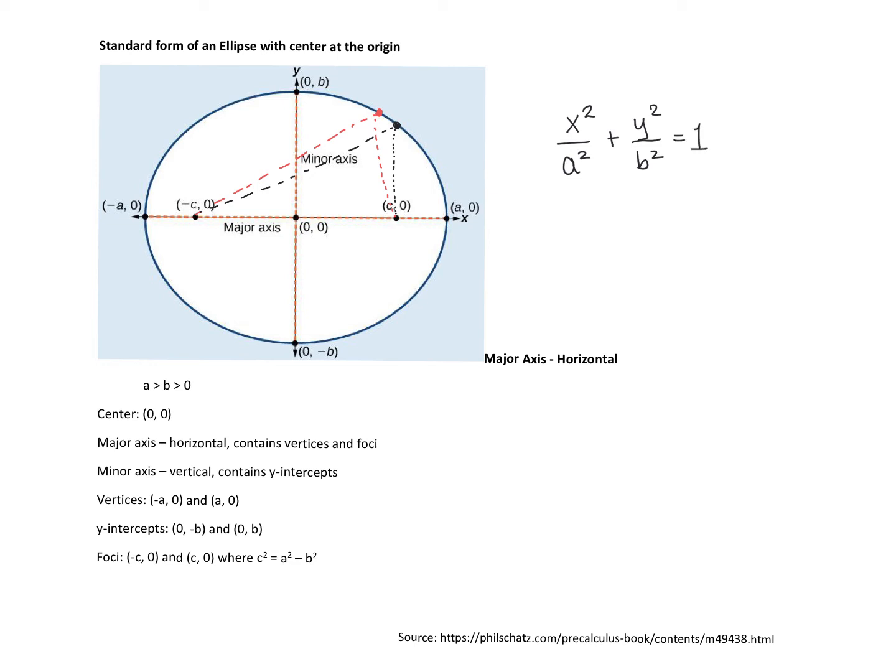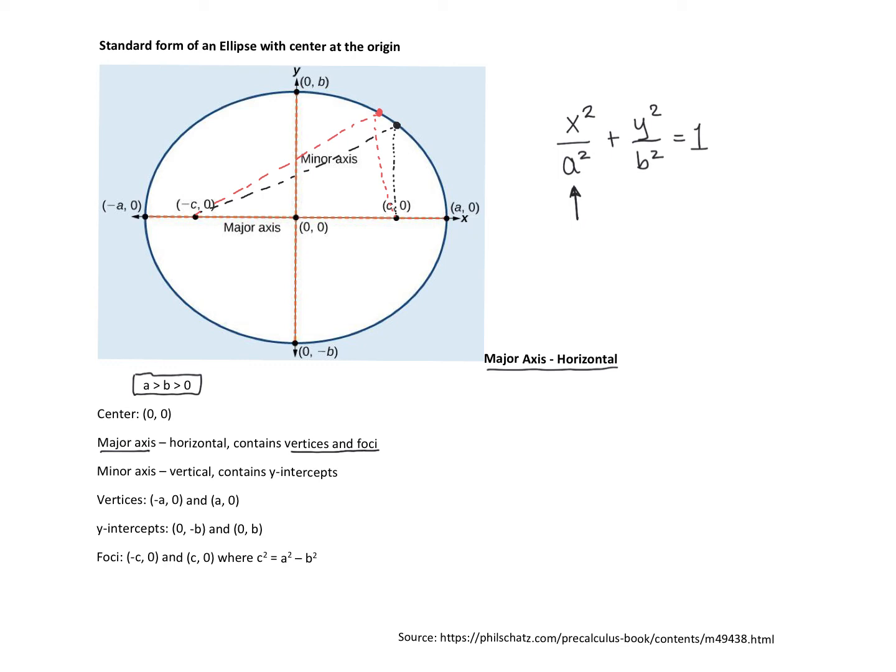Now, if the number underneath the x is larger, then our major axis, the longer axis, is horizontal. So if a is the bigger number, then it's going to be longer in whatever the a direction is, whether it's x or whether it's y. The major axis will always contain the vertices and the foci.